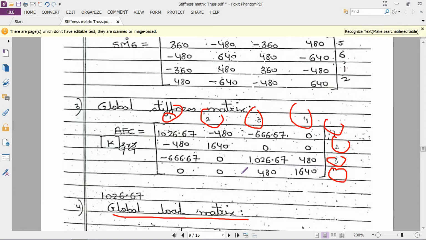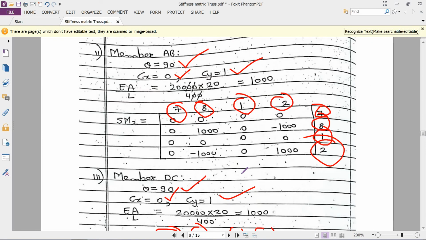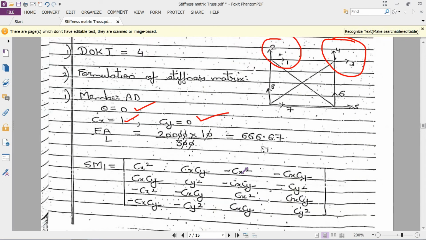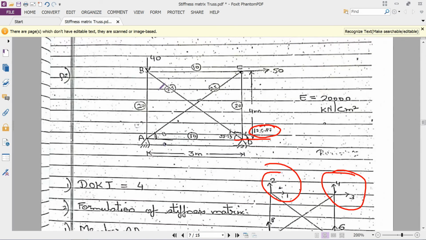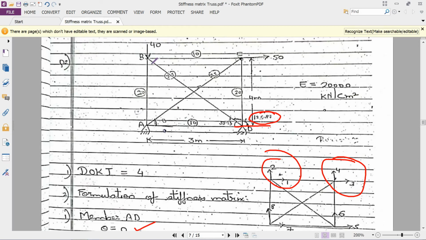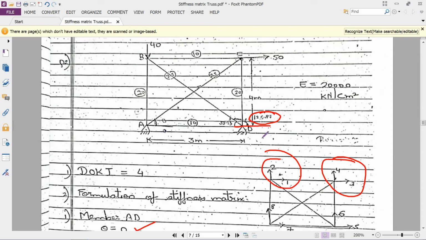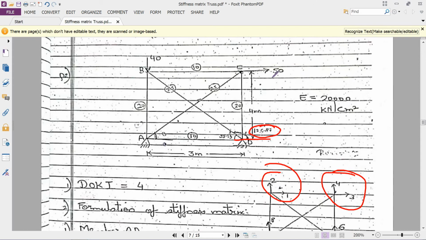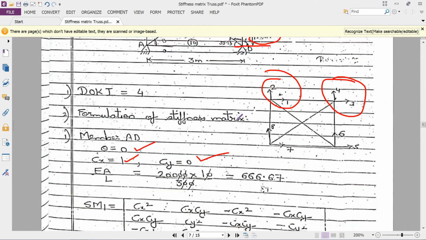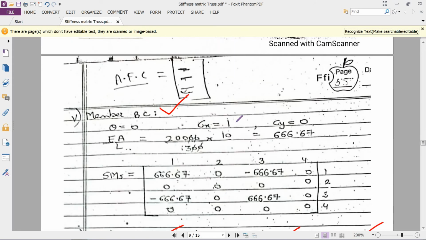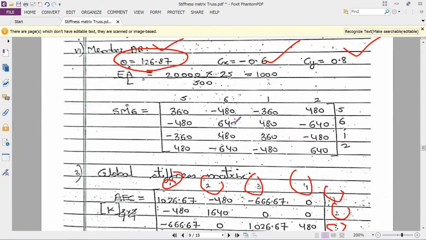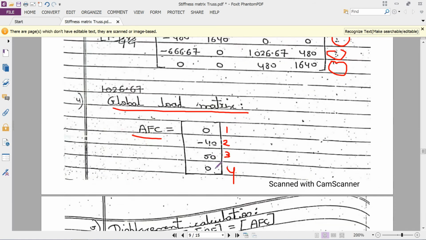At point 1 there is no member, but at point 2 there is a minus 40 force, so here it was given as minus 40. Then at point 3 there is plus 50, and at point 4 there is 0. So the AFC coordinates are 0, minus 40, 50 and 0.